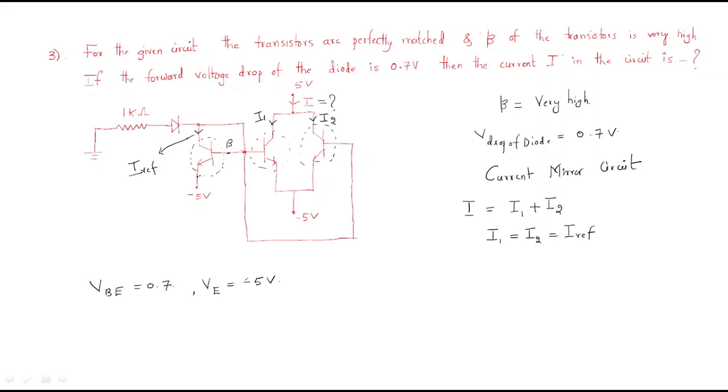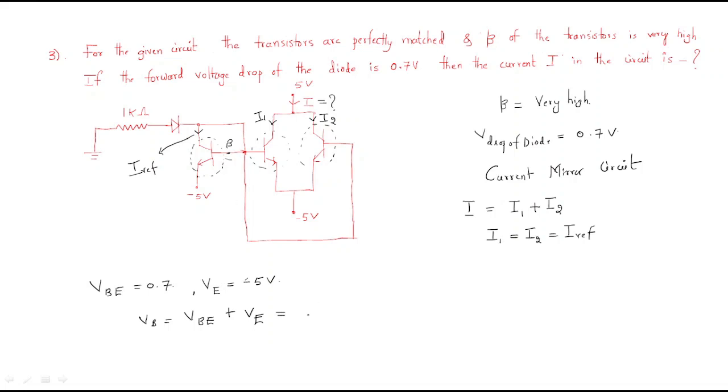We will write the VB value: VB equals VBE plus VE.